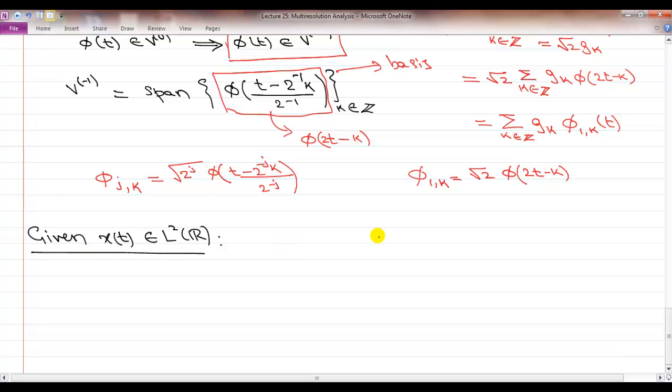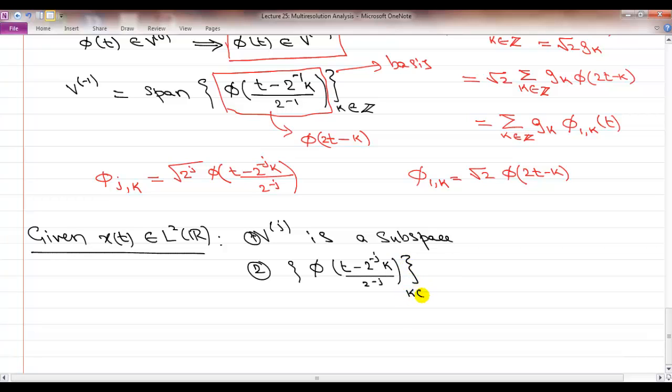So the Vj's are subspaces. We know that. Number two, we know that phi of (t minus 2 to the j k) over 2 to the j is an orthonormal basis of Vj.